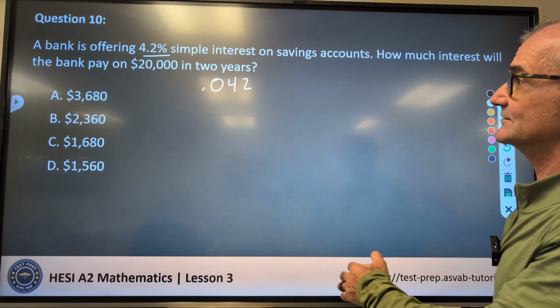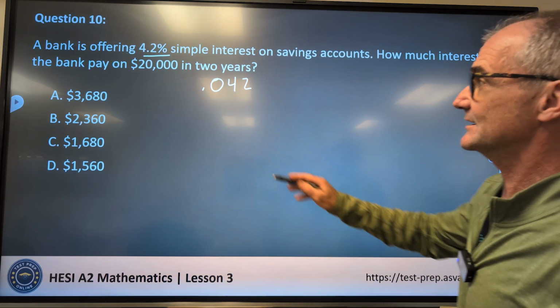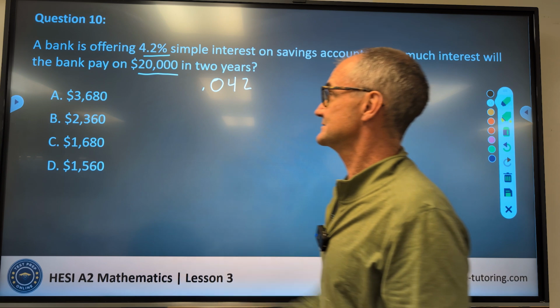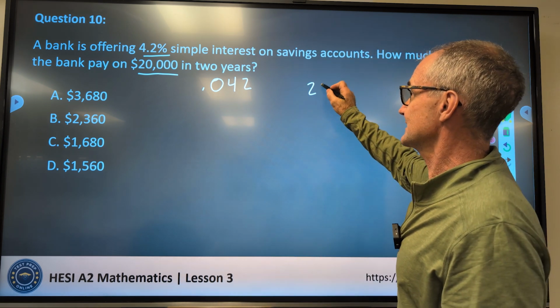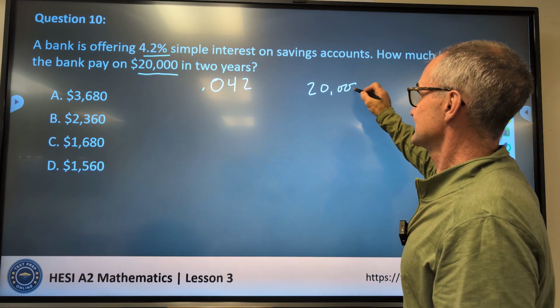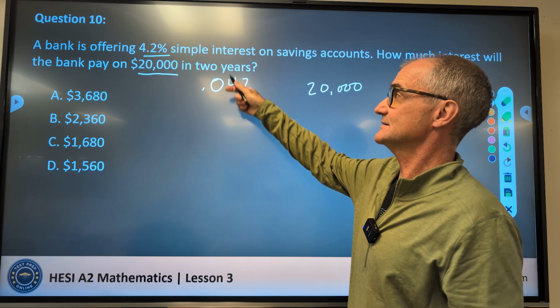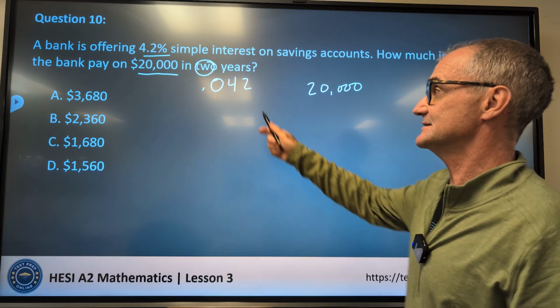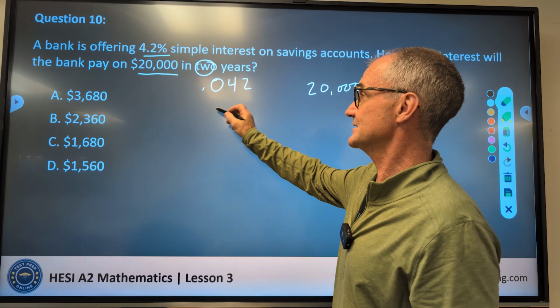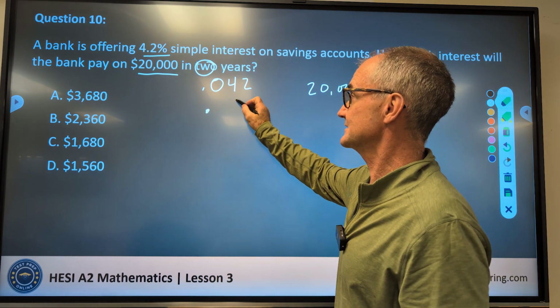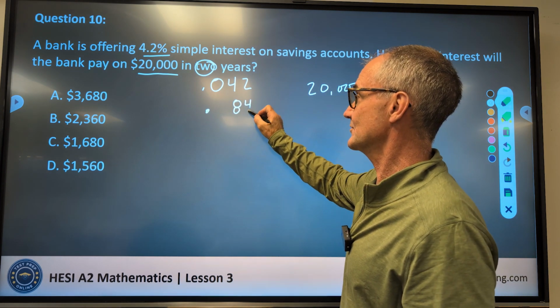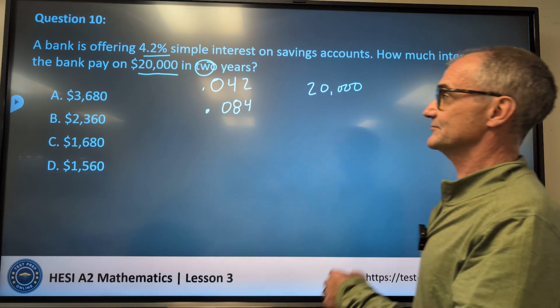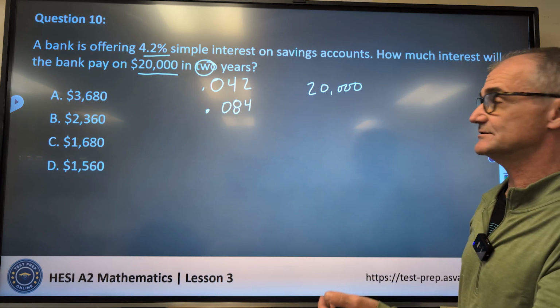How much interest will a bank pay on 20 grand in 2 years? So I have that $20,000 times the interest times the 2 years. So I'm just going to double my interest, multiply this by 2 to double it to get 84. So I'm getting 8.4% over the 2 years.